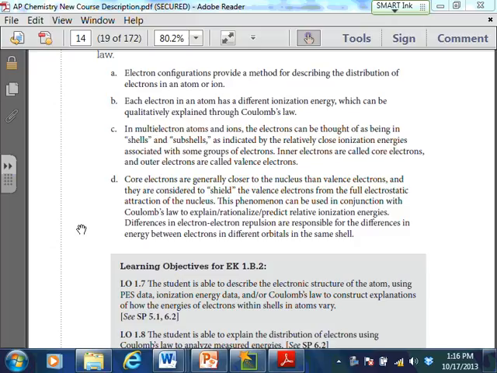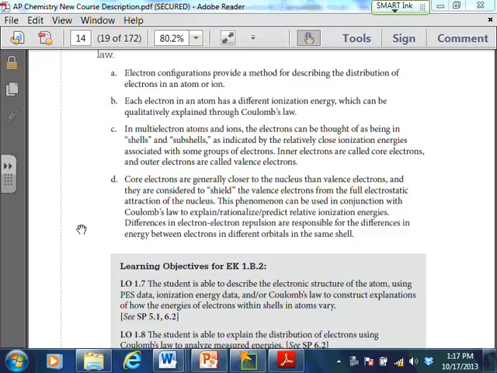So the reason I like this is because this is basically the effective nuclear charge thing that the book talks about, but I feel like this is just a better way of talking about it, okay? So you've got the core electrons, and they basically block the valence electrons from some of the charge of that nucleus, okay? So if you think about that shielding effect in conjunction with Coulomb's law, remembering Coulomb's law says the further they are from the nucleus, the less attracted they are to the nucleus.